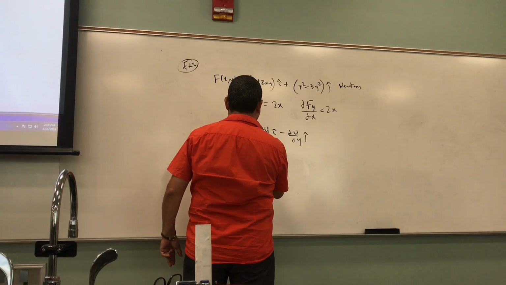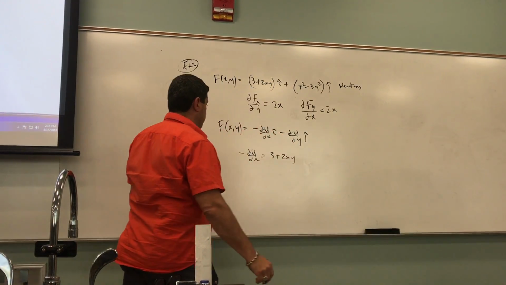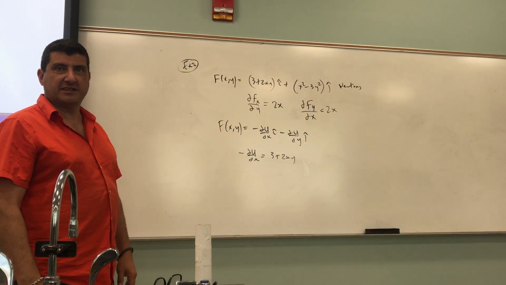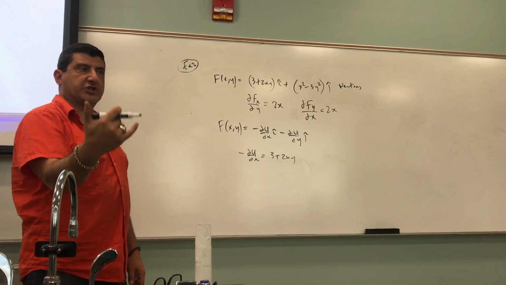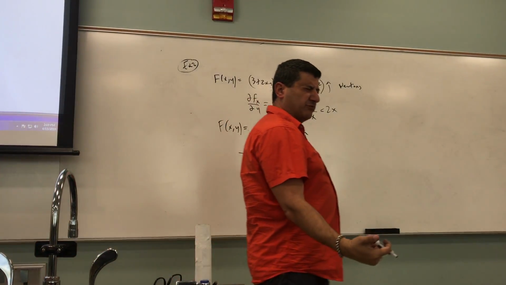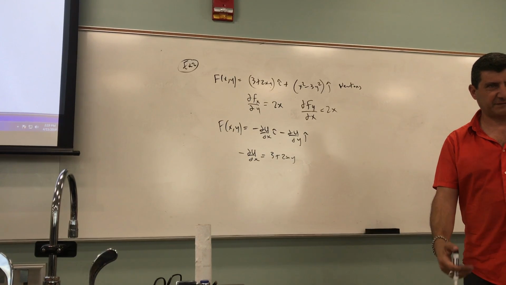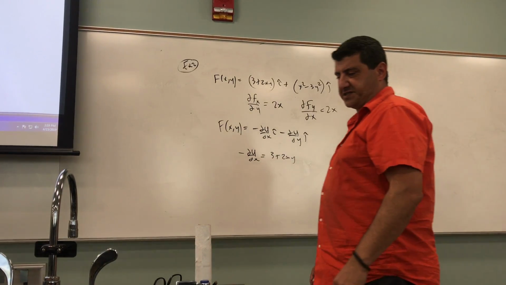So minus partial u partial x is equal to 3 plus 2xy. Why is it negative? Well, because of the directionality. If gravity does positive work, then we're losing potential energy. It's just a matter of preference.